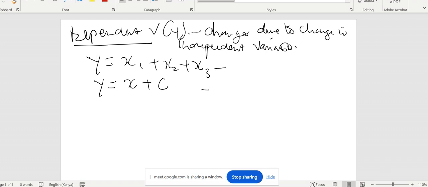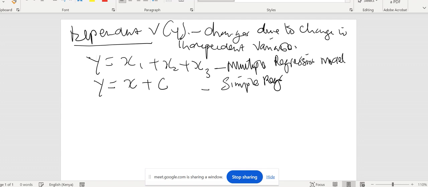So here we are going to get two models. Model 1 is what we call a multiple regression model, meaning we have more than one independent variable. Then this one becomes a simple regression model.